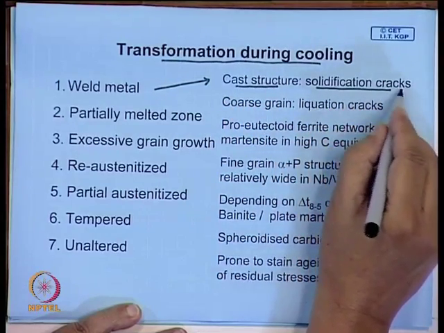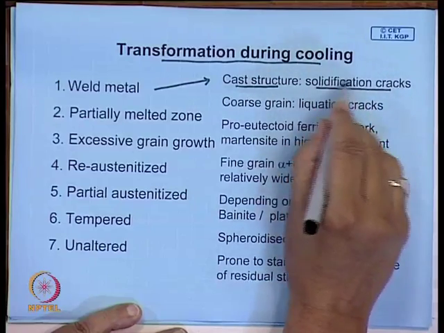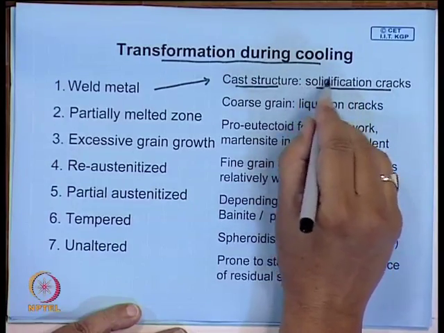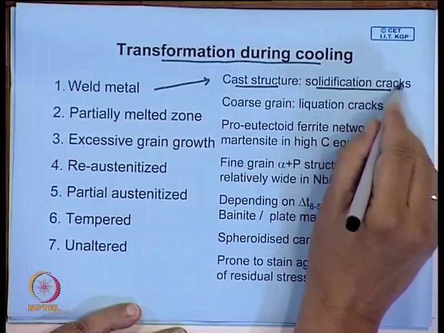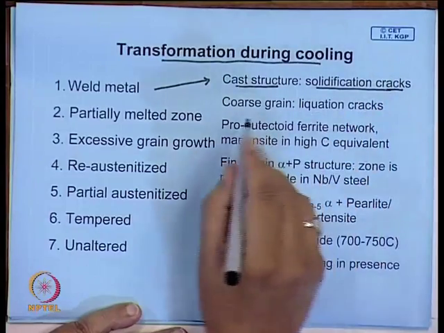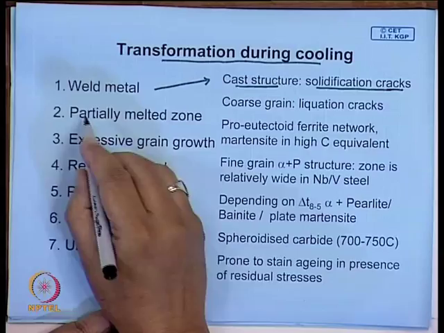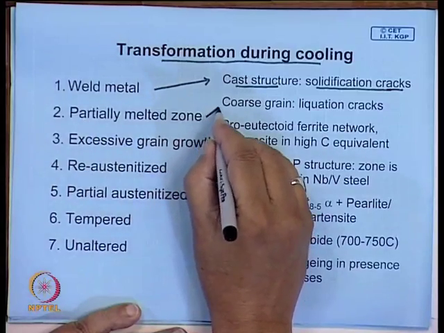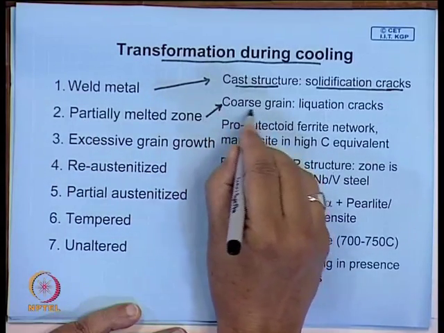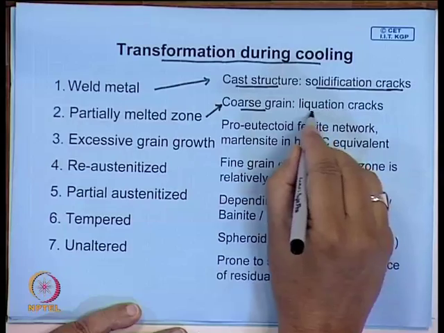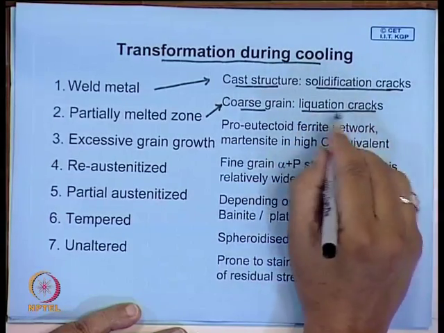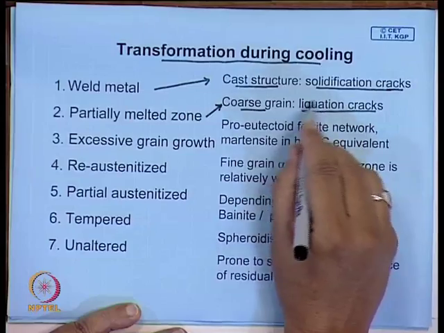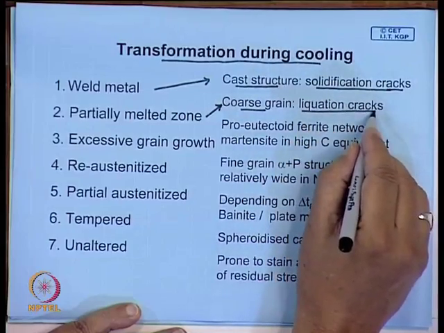If the cooling rate is fast, it has not solidified, there are segregations, and then these are prone to solidification cracking. Similarly, the partially melted zone also has a coarse grain structure, and here also you will have low melting liquid at the grain boundary, and they are prone to liquefaction cracking.